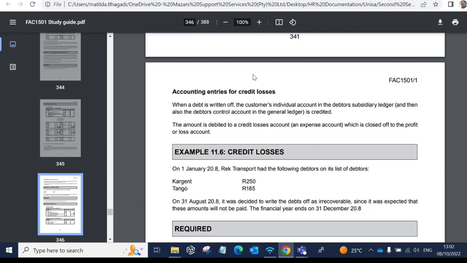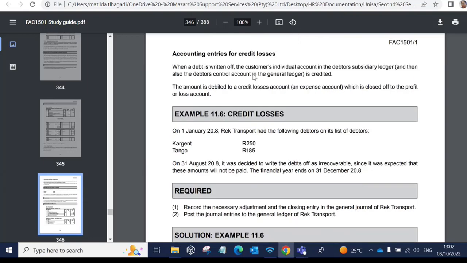Accounting entries for credit loss. So when debt is written off, the customer's individual account in the debtor's subsidiary ledger, and then also the debtor's control account in the general ledger is credited. The amount is debited to the credit losses account as an expense, which flows off to the profit and loss account.